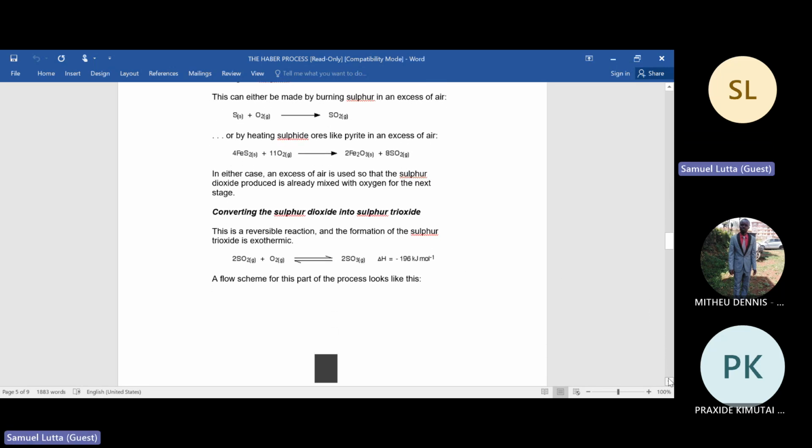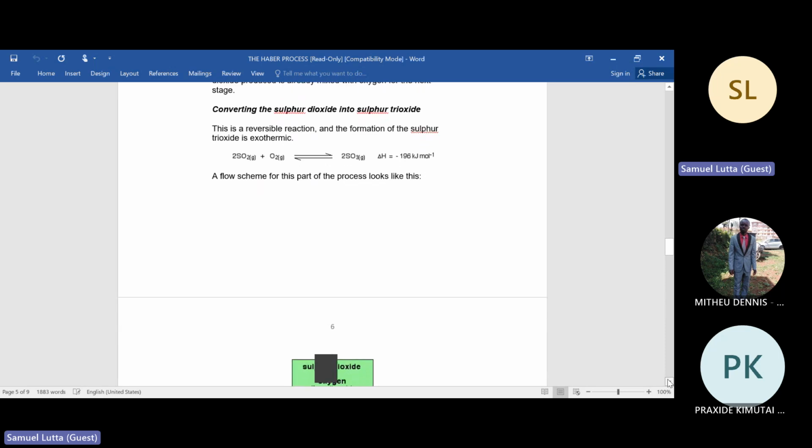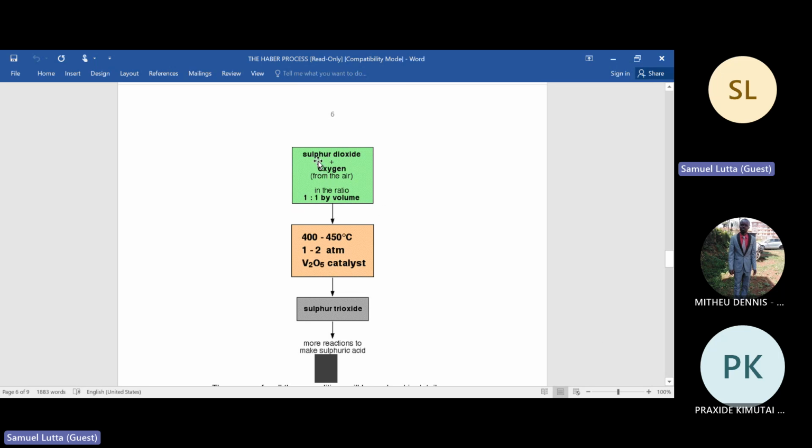So just in brief, how this one is made, the sulfuric acid is gotten from sulfur dioxide. We have a process where sulfur dioxide combines with oxygen to form sulfur trioxide. And again, this reaction is exothermic, so it means it occurs with release of energy in form of heat. So it's normally carried out at low temperature. So this is how we represent the process, just like the other one. You have sulfur dioxide plus oxygen.